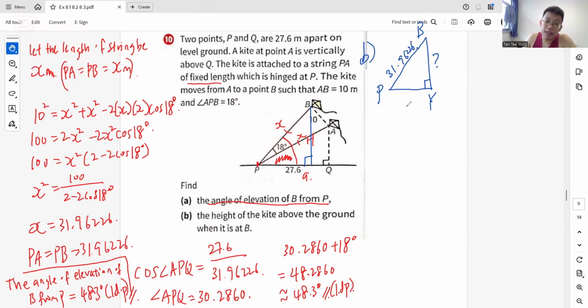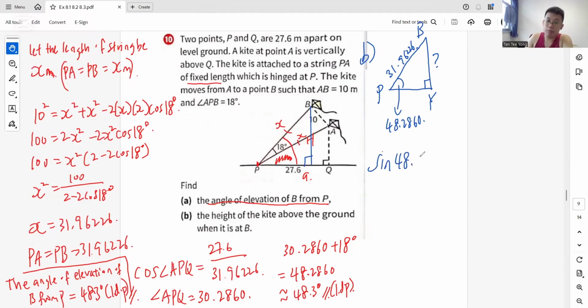is 31.96226. Okay, then this angle BPY is already found in part A. This is 48.2860. So we can find it already. So SOH-CAH-TOA, same thing. So this is the opposite, this is the hypotenuse. So we use sine.